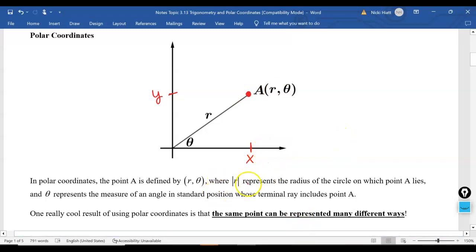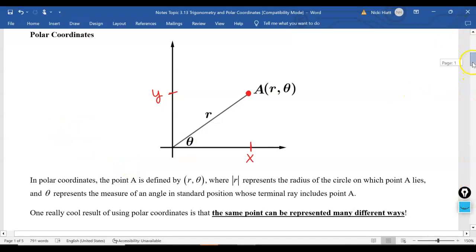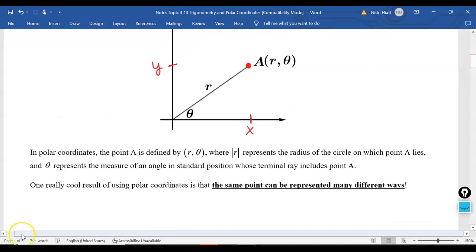The absolute value of r represents the radius, but this letter r right here we could call a signed radius, because you can have positive and negative radii, and we'll see what that looks like in a second. One thing about polar coordinates is the same point can be represented in many different ways.